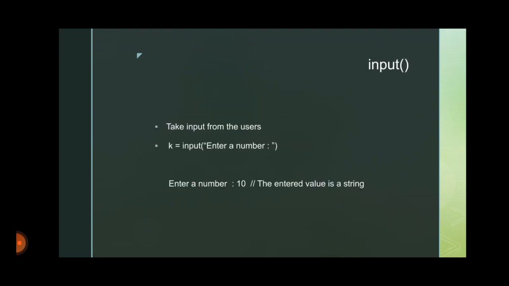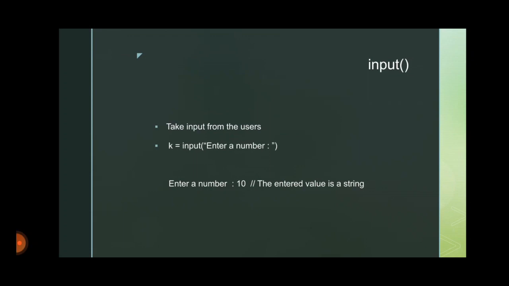And next is the input function. The input function is used to get input from the keyboard or input device, to take input from users. Here k is equal to input, then within the brackets I am specifying enter a number. So the screen will wait for an input, and the entered value is placed in the variable or identifier k.